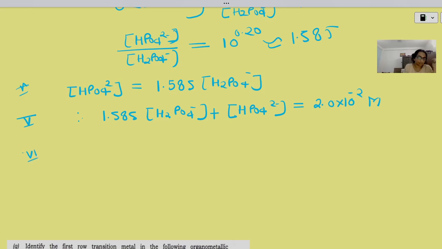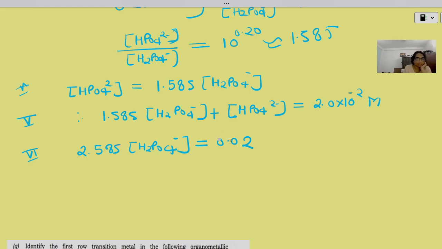Now step number 6. In this step, we calculate the concentration: 2.585 times the concentration of H2PO4 negative is equal to 0.02.